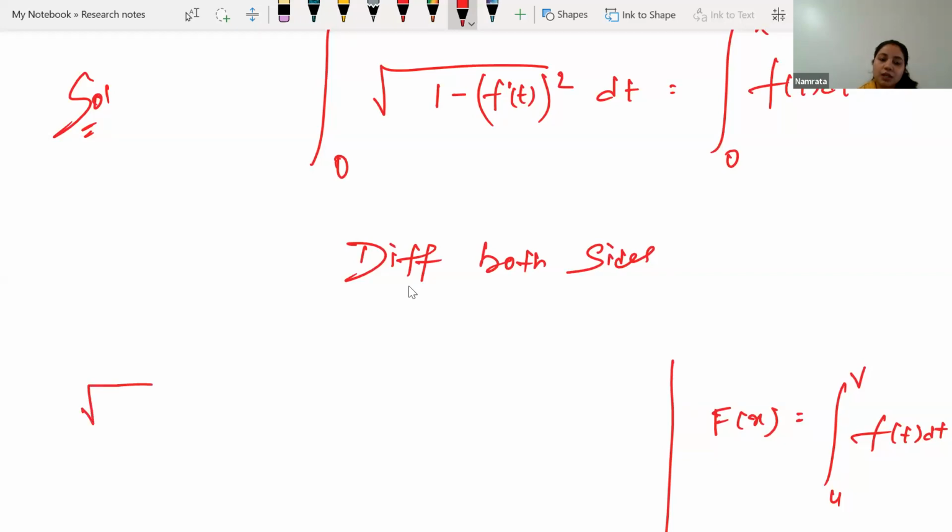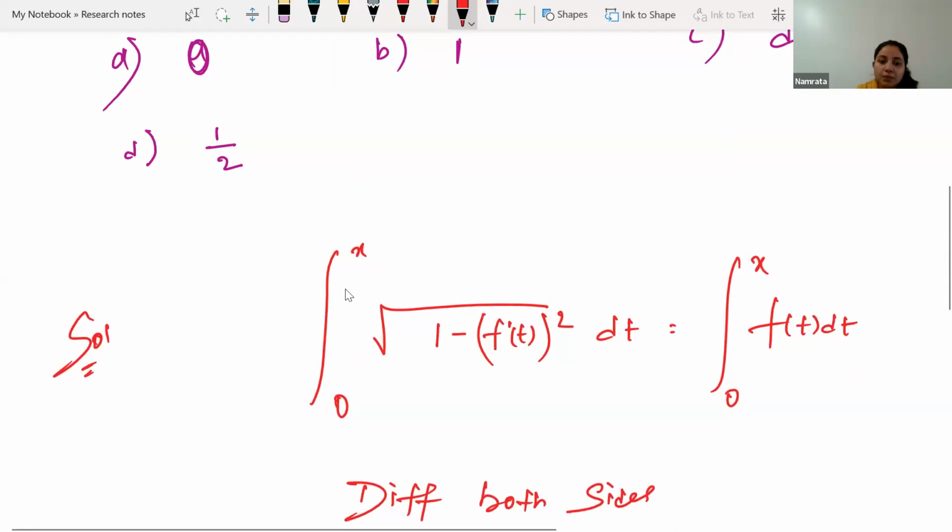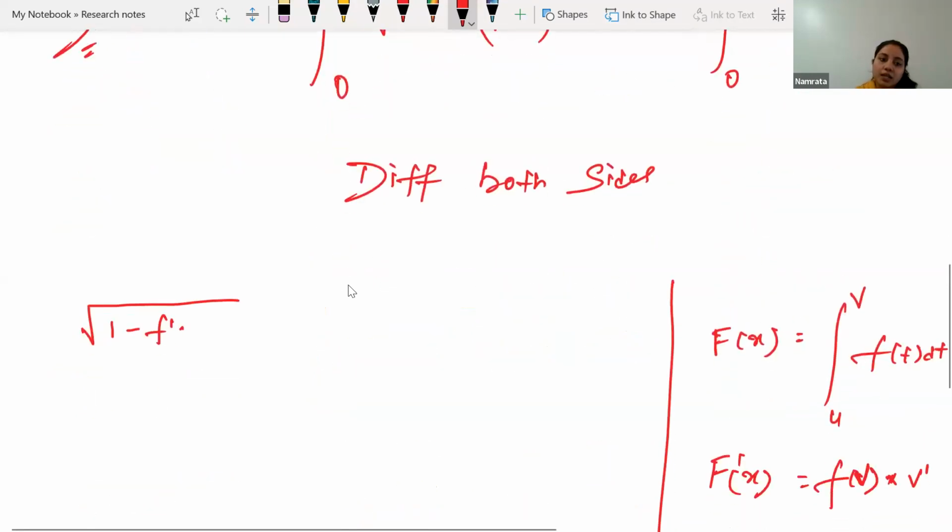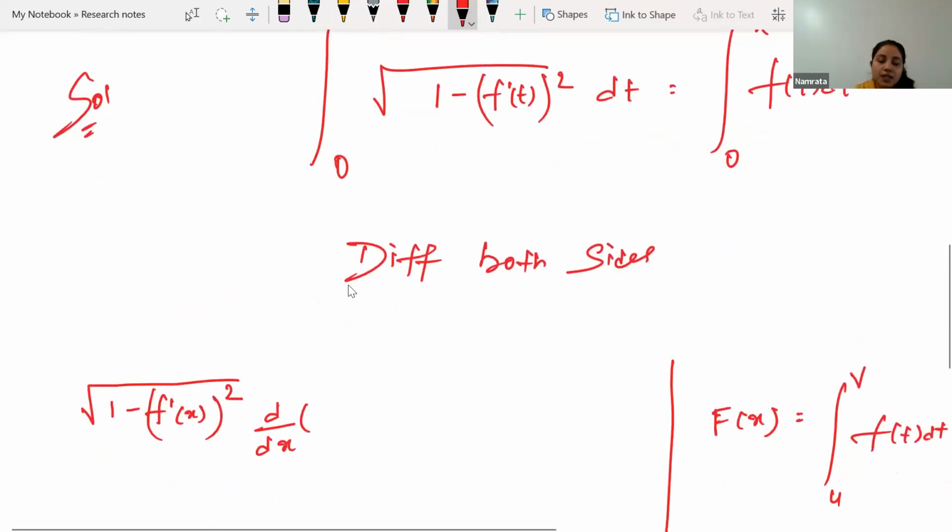So the given function will become square root of 1 minus f dash t squared, and with the upper limit x it will become f dash x, squared. After that, times v dash, that means d dx of x. Again minus sign.